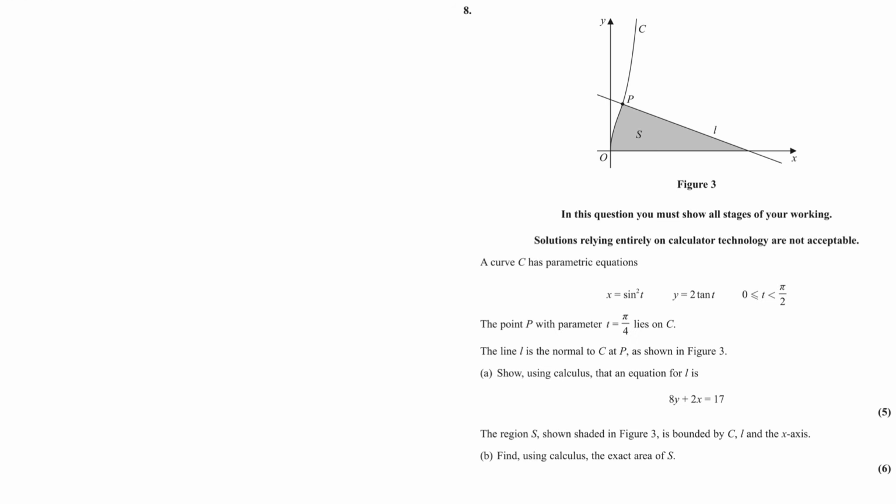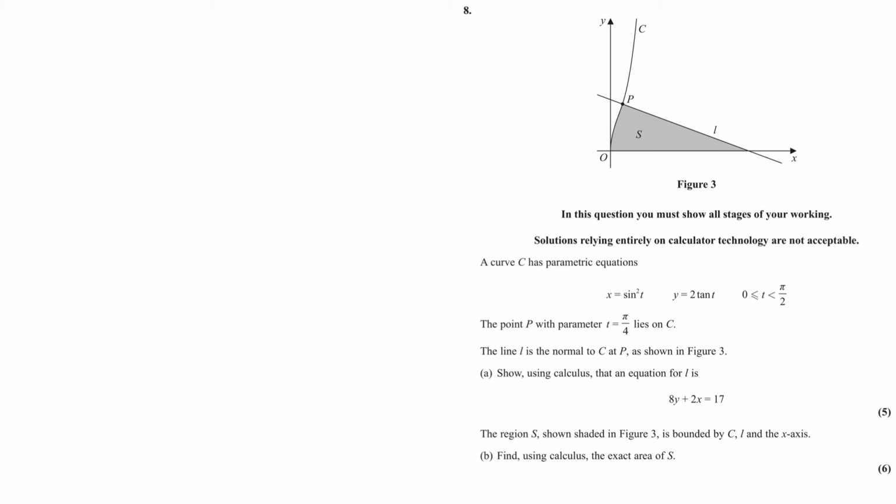So we need to first find L here. It's the normal at P. So what we want to do is find the gradient at P and the point of P, and then we can find the equation of this line.